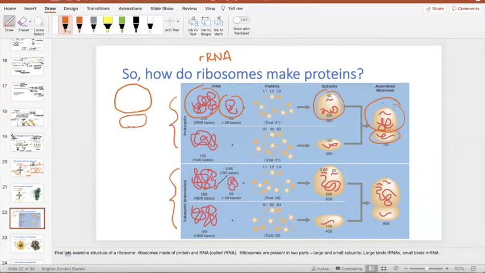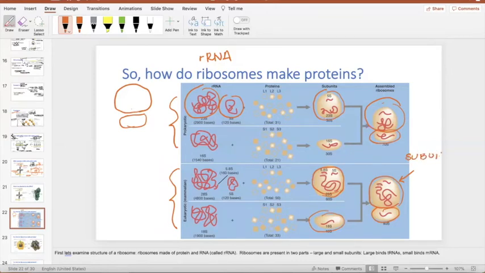Notice some things. Both prokaryotic ribosomes and eukaryotic ribosomes consist of RNA plus proteins, okay? Both of them have a large top bun and a small bottom bun. These different buns that I've been talking about are called subunits.